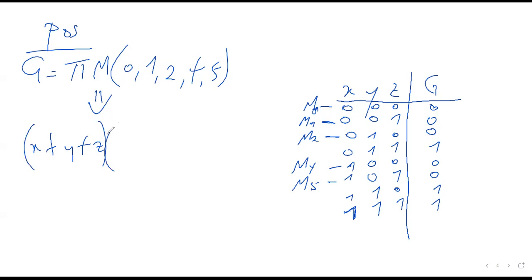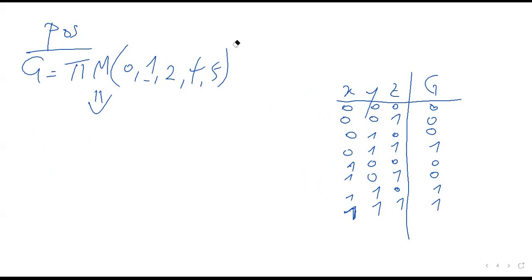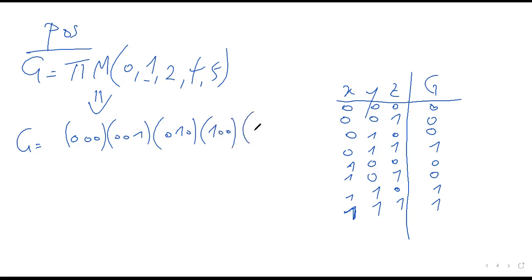Product of sums. For 1, we have 0, 0, 1. If I can put it like this, I think for the sake of understanding. So for 0, we have G equals the product of 0, 1, 2, 4, 5. 4 is 1, 0, 0, and 5 is 1, 0, 1. The proper expression for a 0 is not complemented.